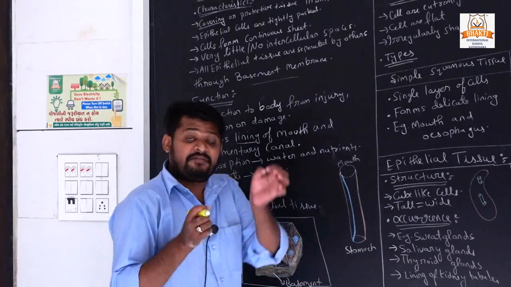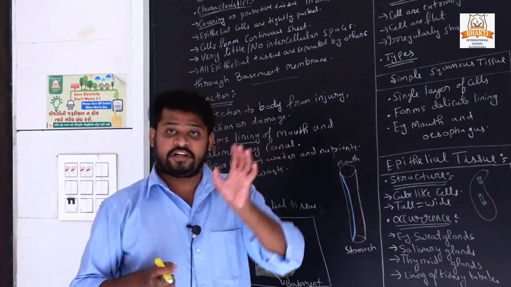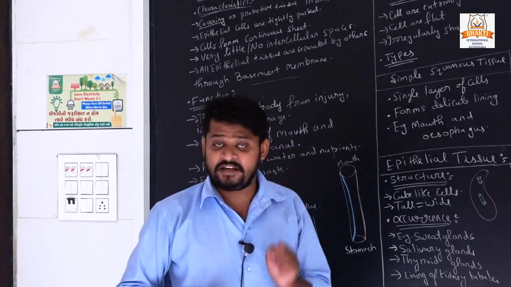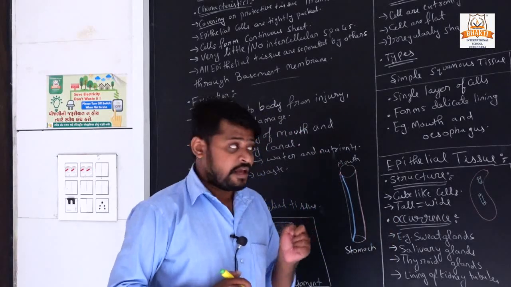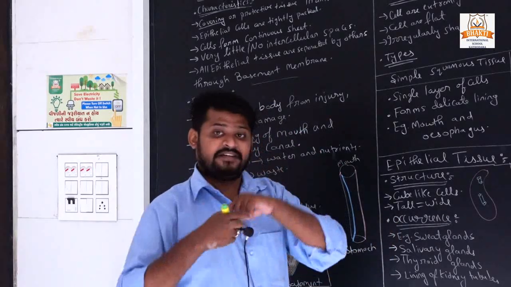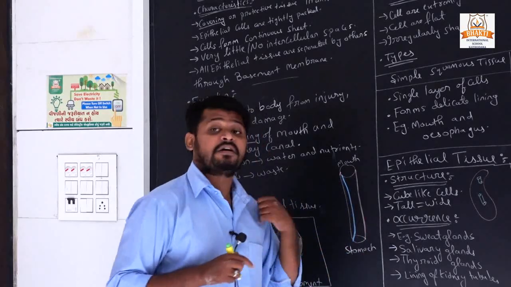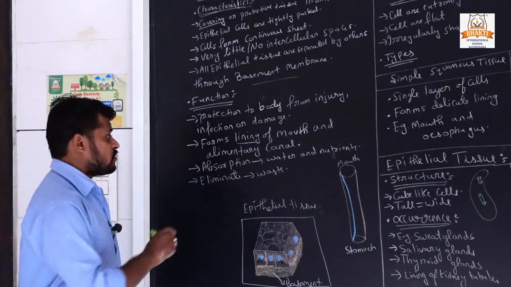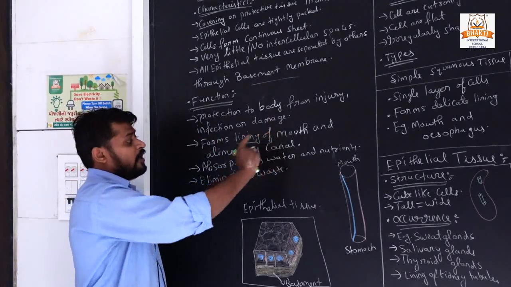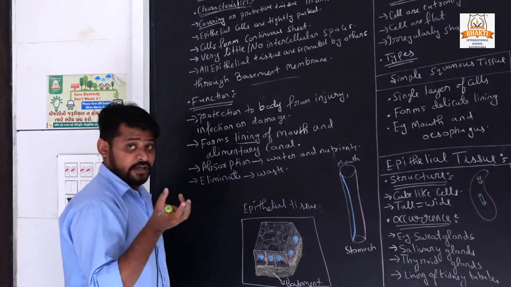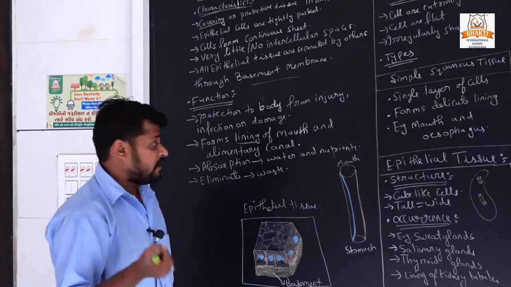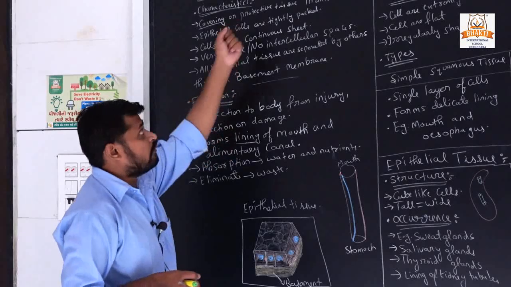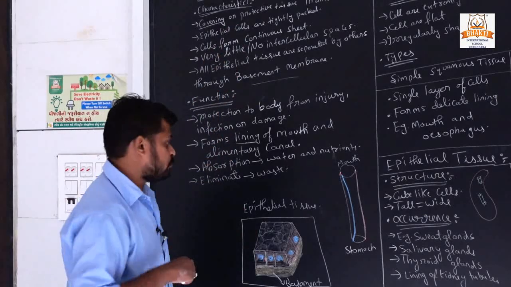Means in both cases we are coating, but if we coat from inside, then it is called lining, and if we coat from outside, then it is called covering. So understand what is lining and what is covering. So in the mouth and alimentary canal, the protective layers that are coated are called lining, and they are formed with the help of epithelial tissue.